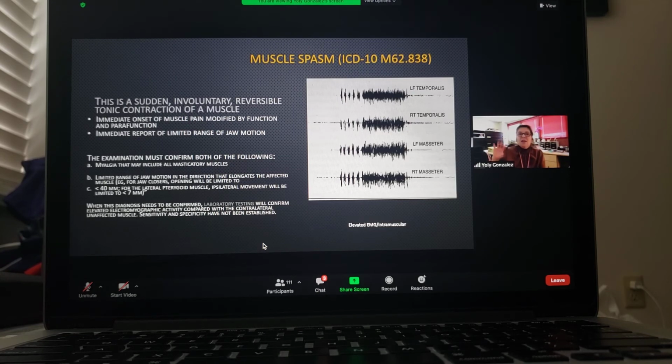Those patients cannot open as wide as they used to. And in addition to that, at least two of these three should be present: pain in the myalgia, that includes the masticatory muscles, limited range of motion, and the movement of the muscle affected is going to be impaired or limited.